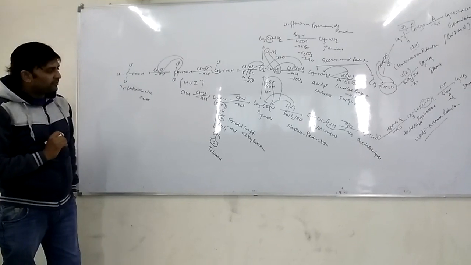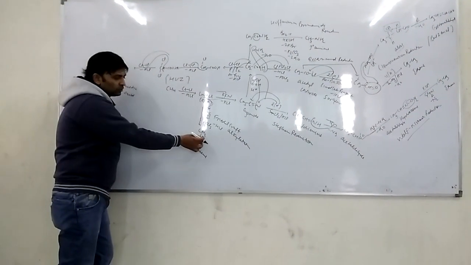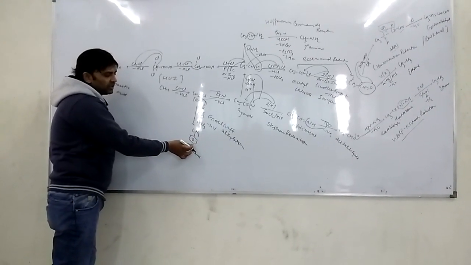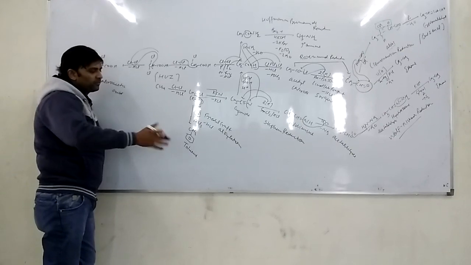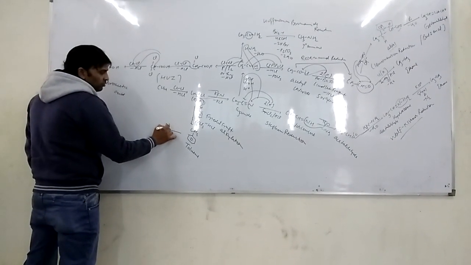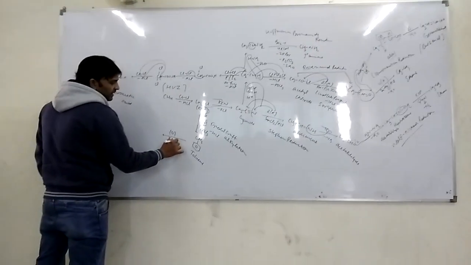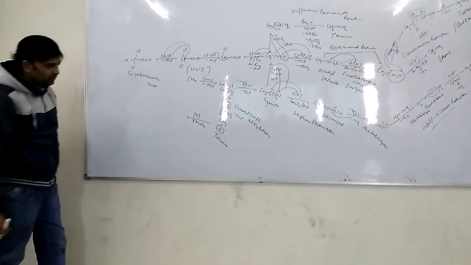Now, if we have to attach an NO2 group, that is a nitro group, at the ortho position or meta position or para position, we have to use two different types of concept. What I am saying, suppose this CH3 is oxidized in presence of KMnO4. You know a strong oxidizing agent is there, KMnO4.